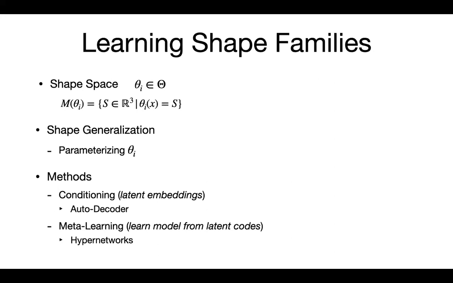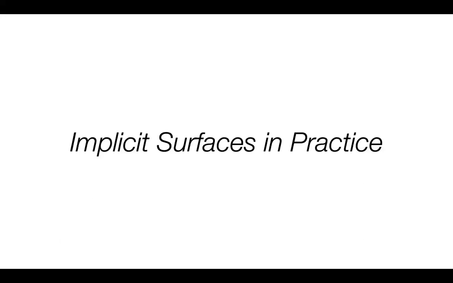Like when you do initialization, a meta-initialization to retrain a neural network, the hypernetwork is in that sense. The autodecoder is more direct, and I'm going to give examples further on in the lecture.